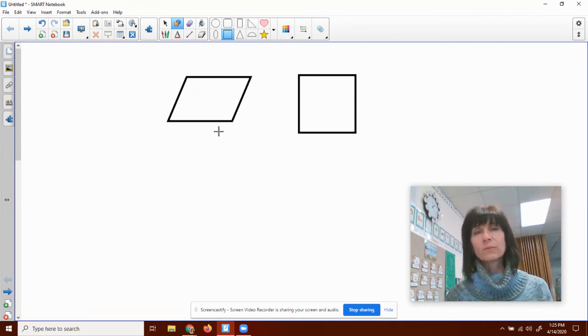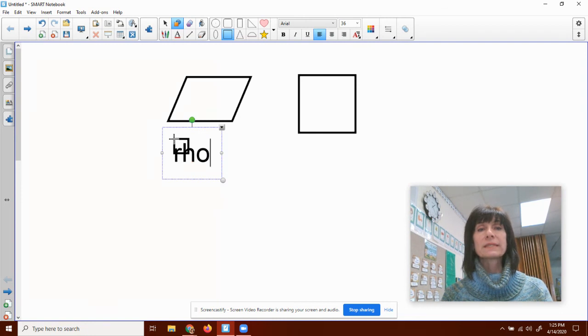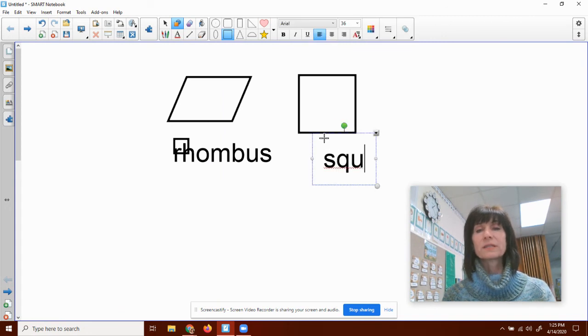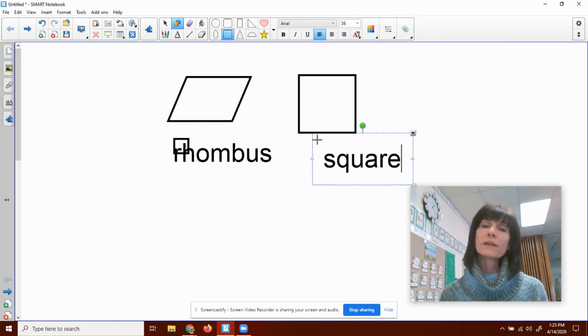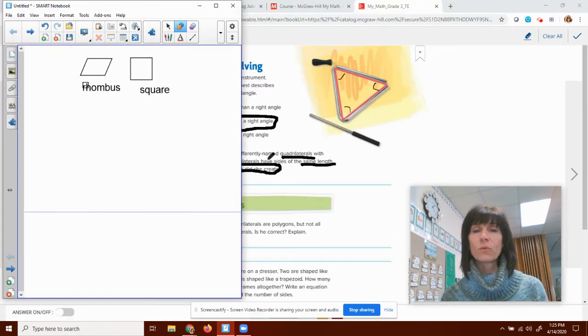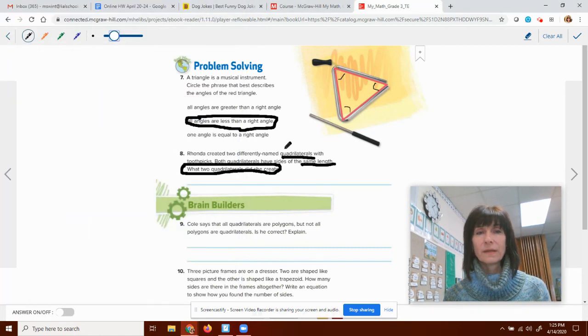The sides are pretty well close to the same size. But this particular one is going to be a rhombus. And this shape here, we would call a square. So my two quadrilaterals are a rhombus and a square. And that's what you would write on your line right there.